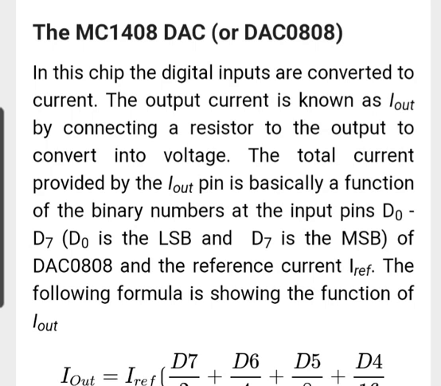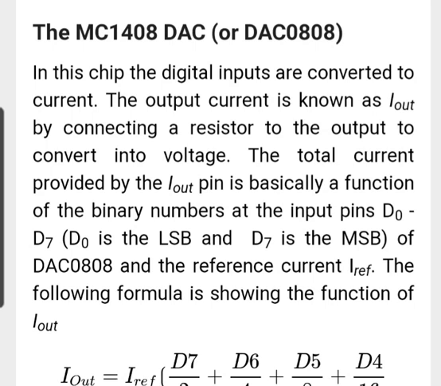So the total current is provided by the I out pin, which is basically a function of the binary number at the input pins D0 to D7. Now D0 is the LSB, that is the least significant bit, and D7 is the MSB, that is the most significant bit. The reference current is I reference.